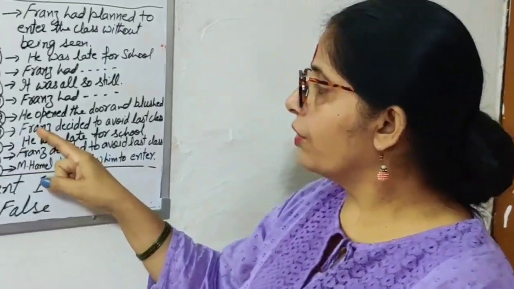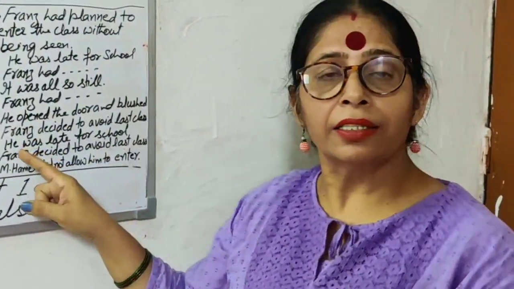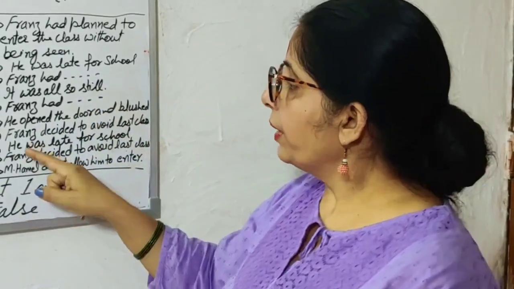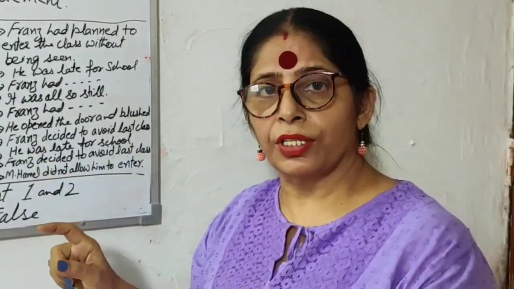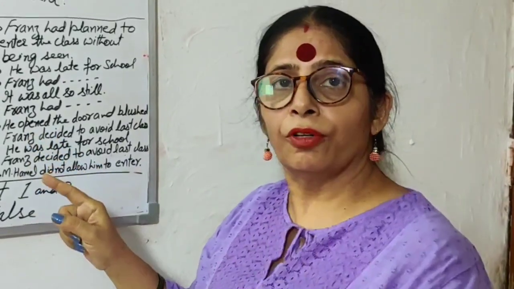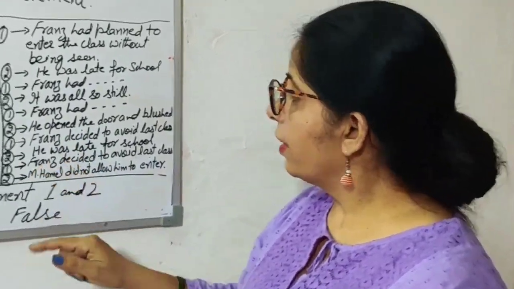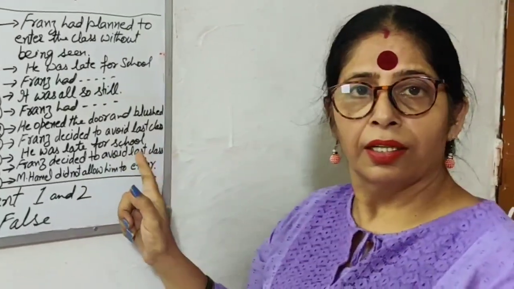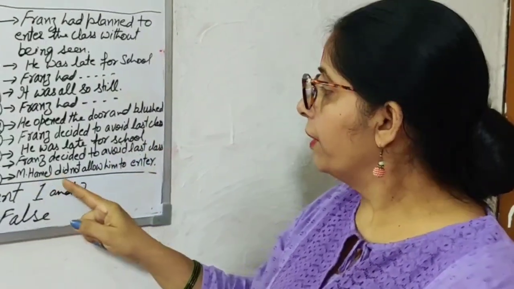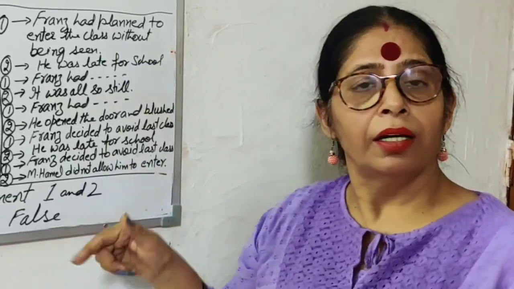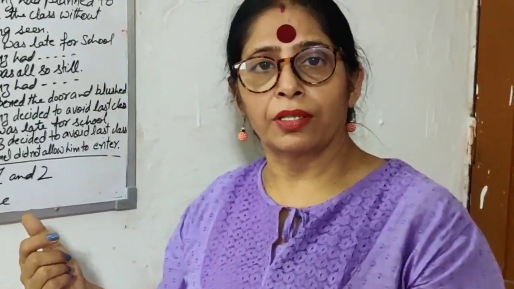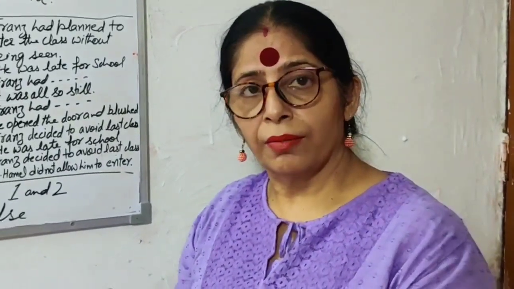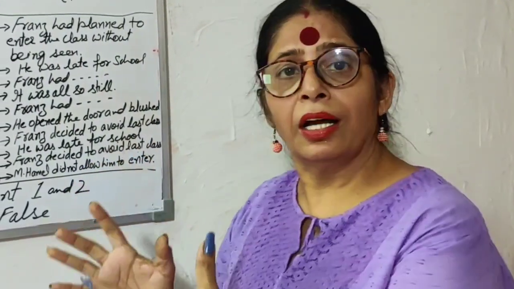So first is wrong, but second is correct. Okay, though it is not connected to each other, the second statement is a true statement. First is a false statement. Last example, France decided to avoid last class. Wrong statement. M. Hamel did not allow him to enter. Again, this is also a wrong statement. Okay, M. Hamel allowed him, though he blushed, but he was allowed to enter.